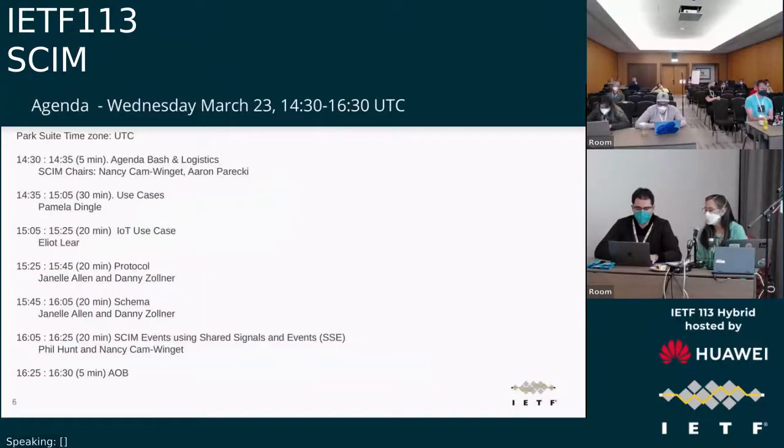Okay, so on to the agenda. On our charter, the first things off the gate are for us to update the use cases, the protocol, and the base protocol and schema. We have assigned editors for them, so I've asked them to provide updates and progress on those. We also have Elliot, who is focusing on IoT.